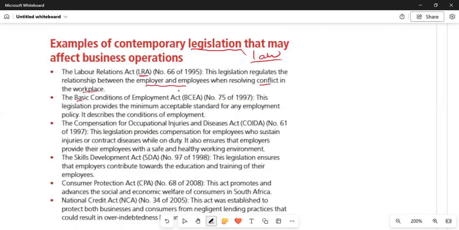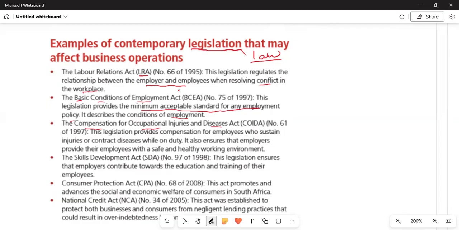We also have the BCEA, which is the Basic Conditions of Employment Act. This legislation provides a minimum acceptable standard of any employment policy. It describes conditions of employment, like leave and payment. We also have the Compensation for Occupational Injuries and Diseases Act, COIDA.